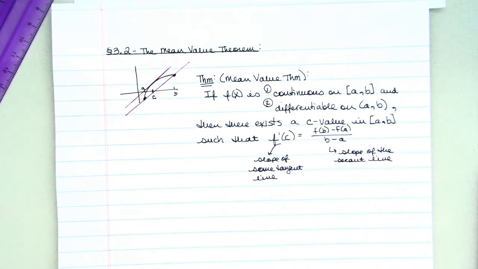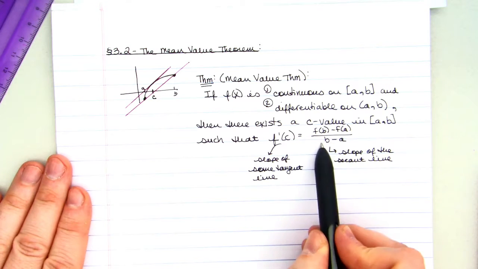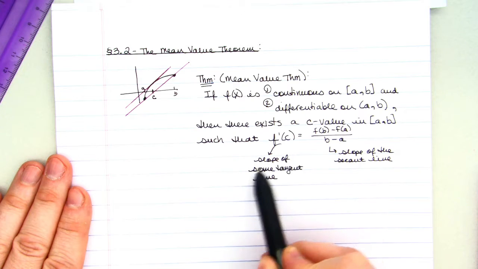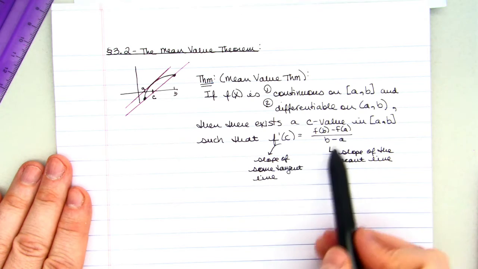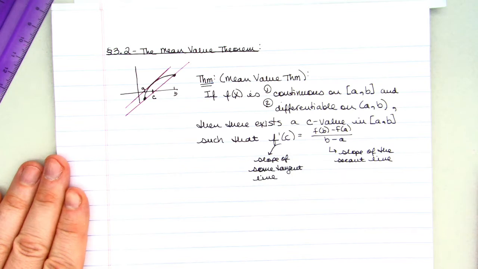If I have a continuous function on a closed interval and differentiable on a related open interval, then I'm guaranteed that somewhere the slope of my secant line must equal the slope of some tangent line. I can find the slope of my secant line. Somewhere my tangent line will have the same slope.